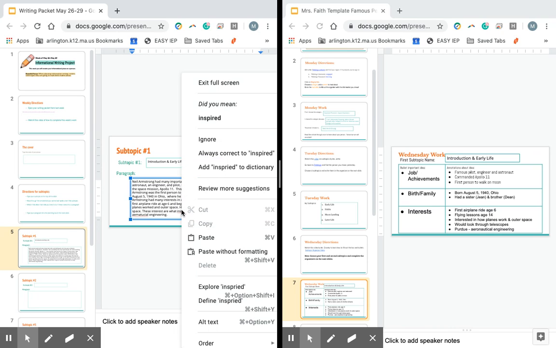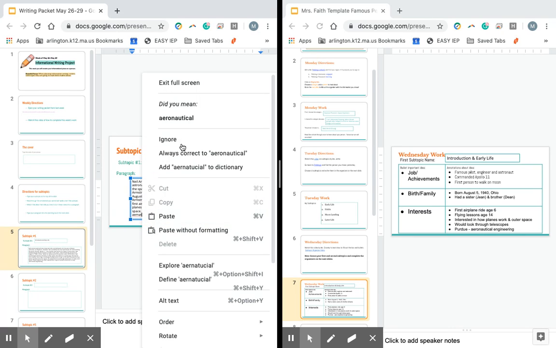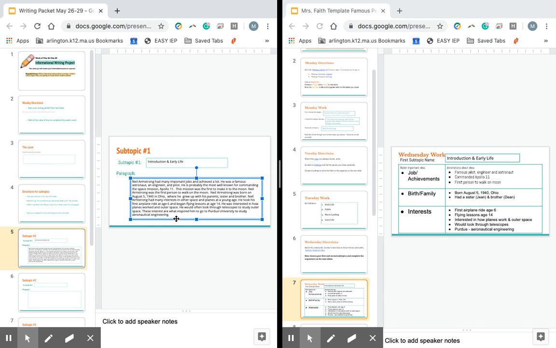You can kind of see how his interests inspired him to go to college and study this specific area, which then led to his future of working for NASA and becoming an astronaut, etc.